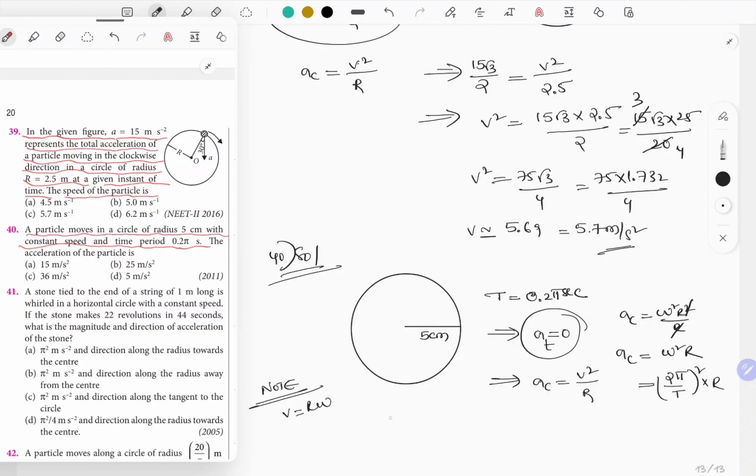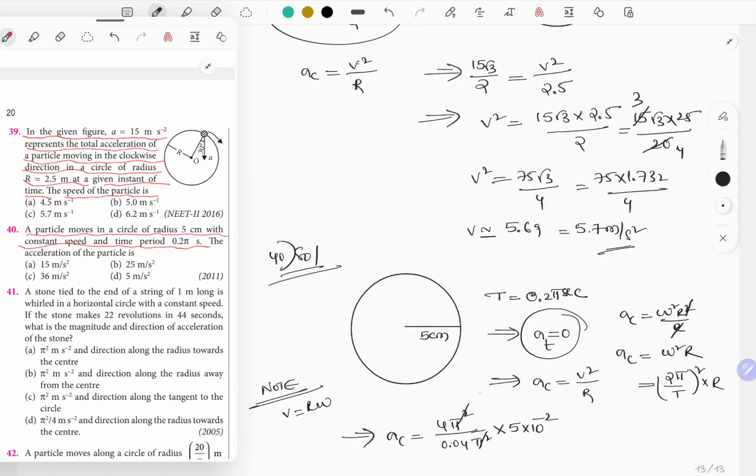So they have given some values, so we just have to substitute them. Centripetal acceleration is equal to 4 pi square divided by t square. T value is 0.2 pi. 0.2 pi square is 0.04 into pi square, and radius is 5 centimeters, 5 into 10 power minus 2.